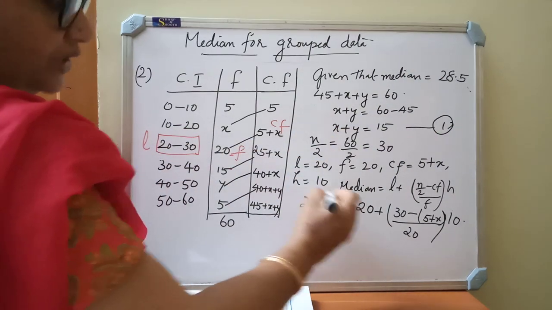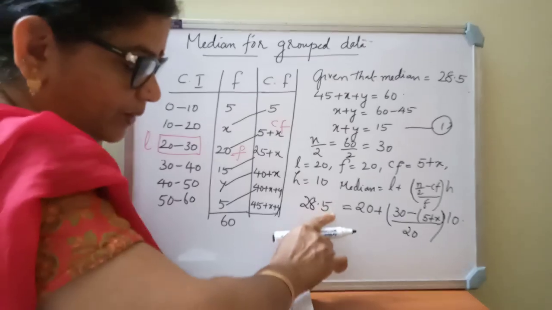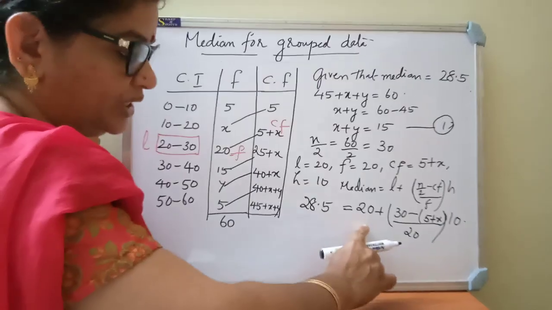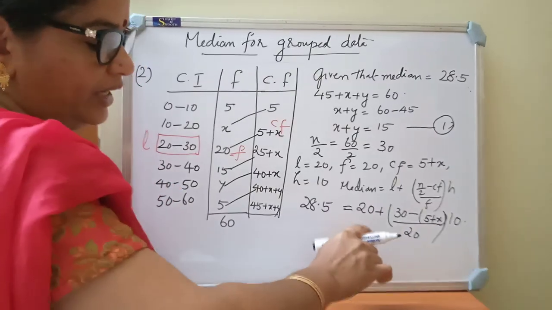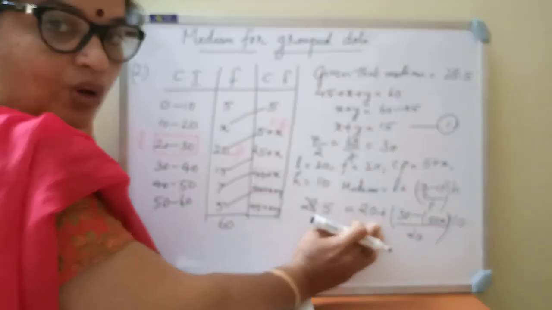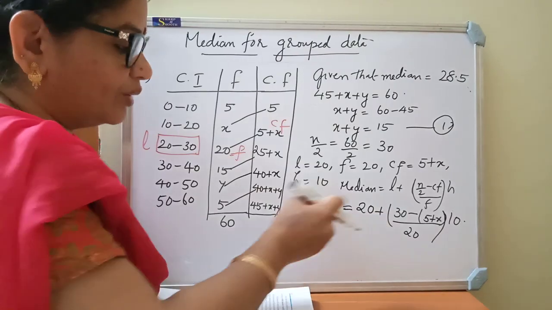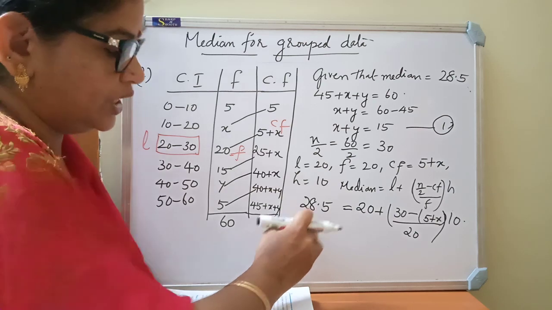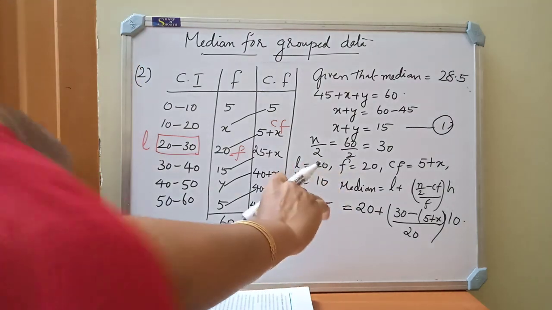All of you look at the board, children. See that: 28.5 equal to 20 plus this data. First this number alone standing there, that you have to transfer to the left side of the equation. So 28.5 minus 20.